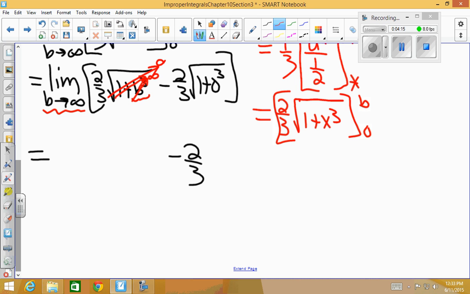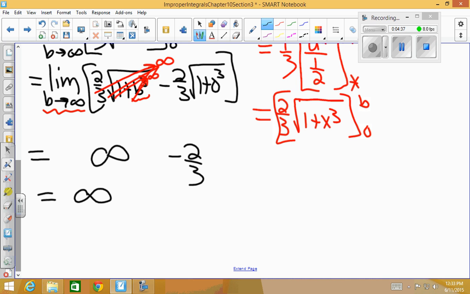So this whole thing is getting closer to infinity. Multiplying by 2/3 does very little. We're still going to infinity. So the limit of that 2/3 square root of 1 plus b cubed goes to infinity. And subtracting 2/3 does not make any change there. So our limit is infinity.